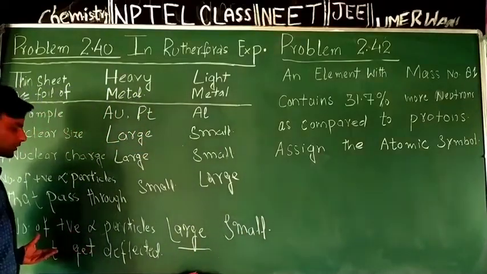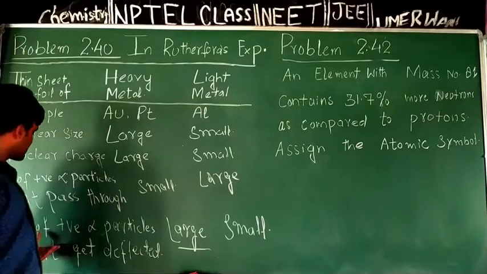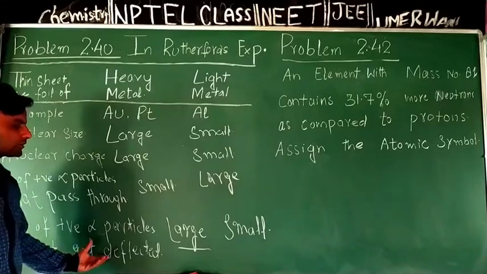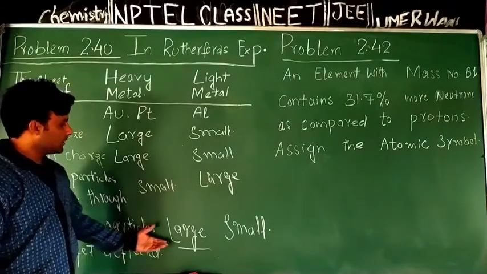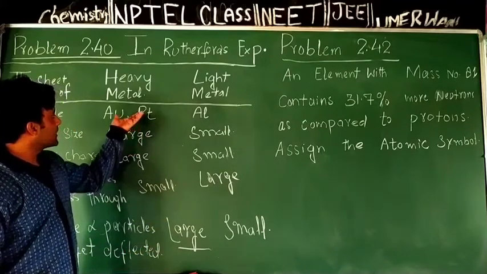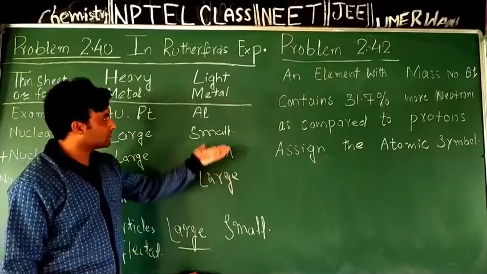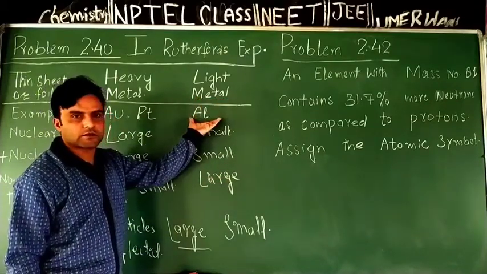This will be one more important contrast in the observations: the number of alpha particles that get deflected in Rutherford's experiment will be large in the case of heavy metal atoms like gold and platinum, and small in the case of light metal atoms like aluminum.